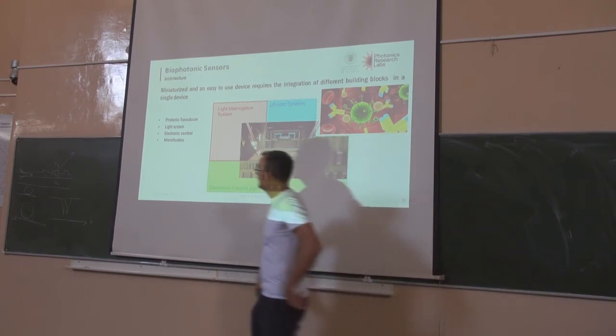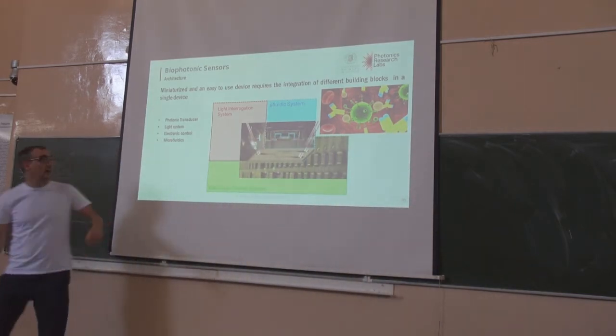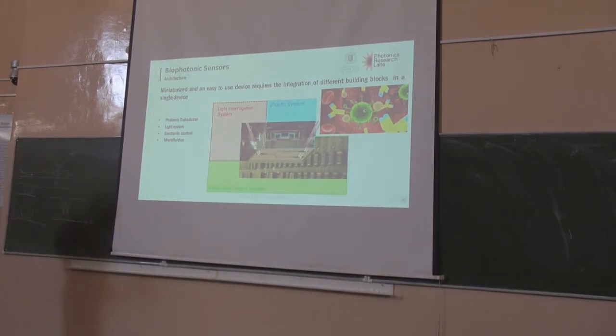But you also need a light interrogation system, basically something that puts light in and out. Also, you have your photonic transducer, electronic control system, and of course you need something else, which is microfluidics. Microfluidics or microtubes to drive gases close to the vicinity of the waveguide.